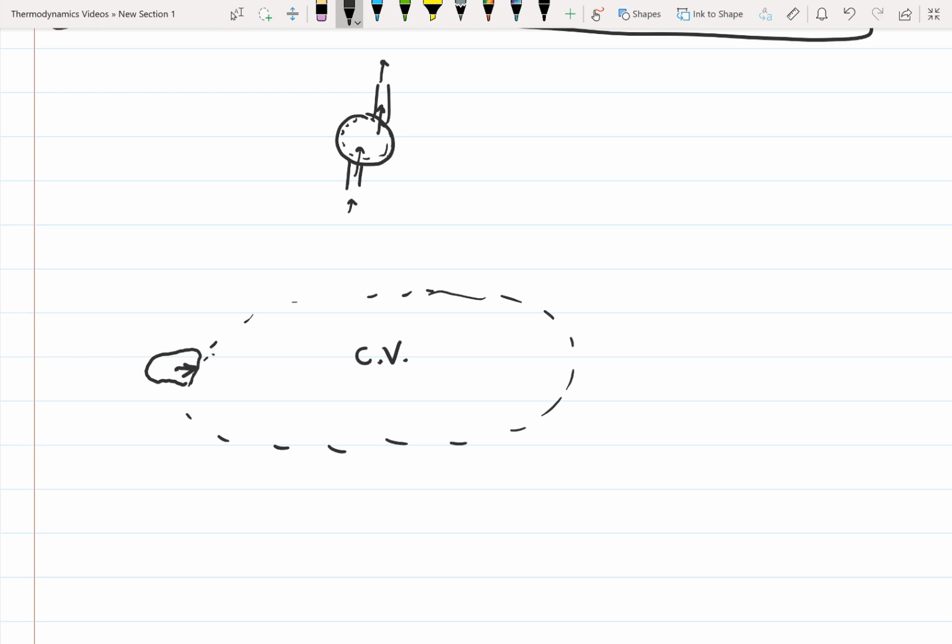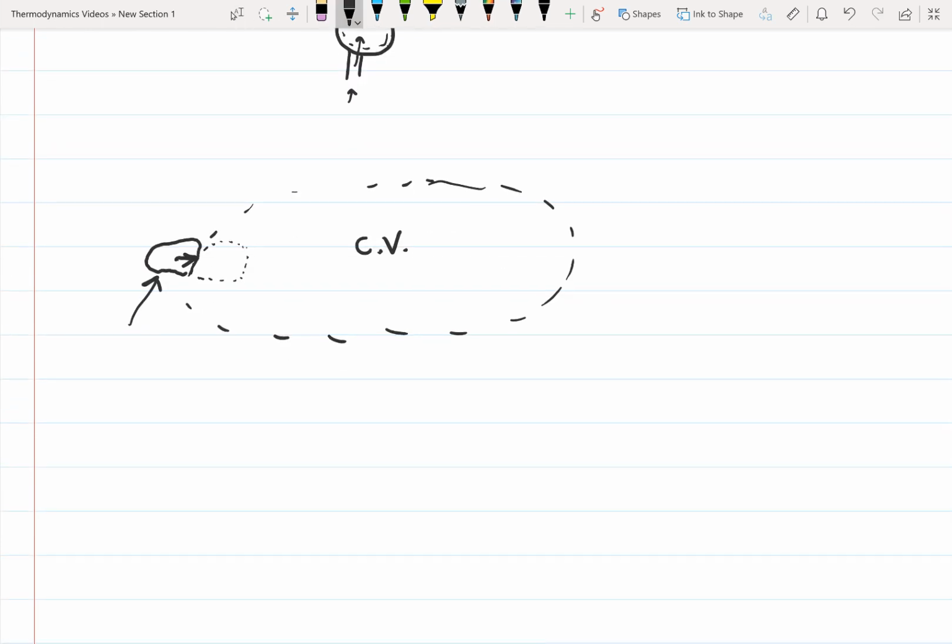So I'm going to draw it here. This is after it just pops into the control volume. So I'm going to label that this is fluid flowing into the control volume. And then over here, we have the fluid right before it pops out of the control volume.